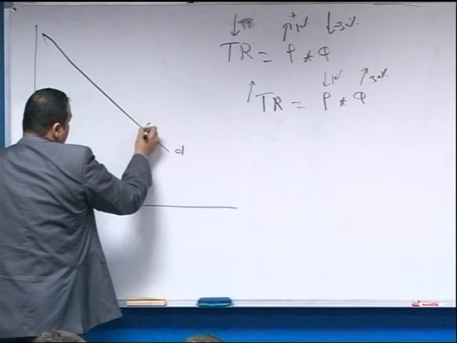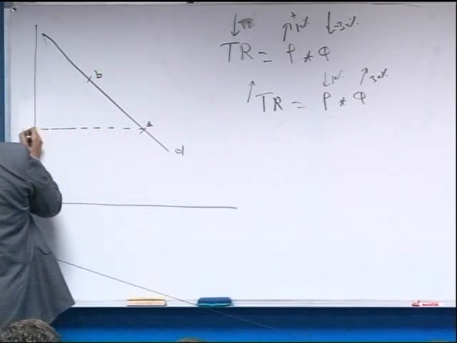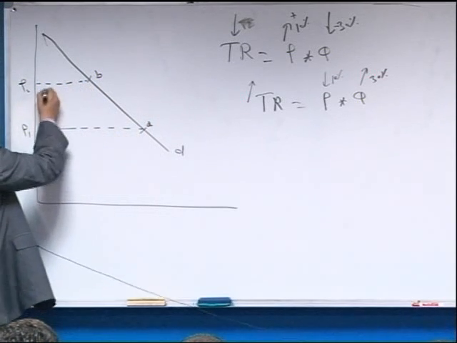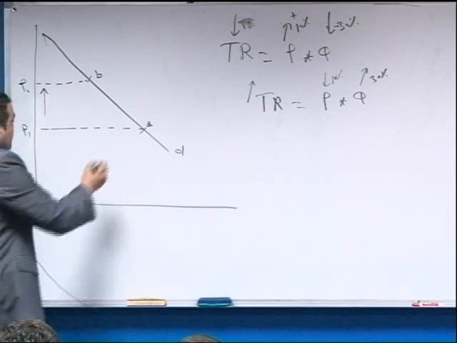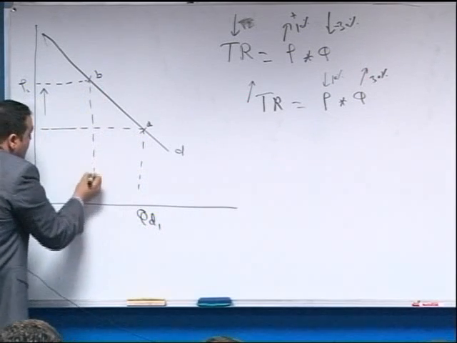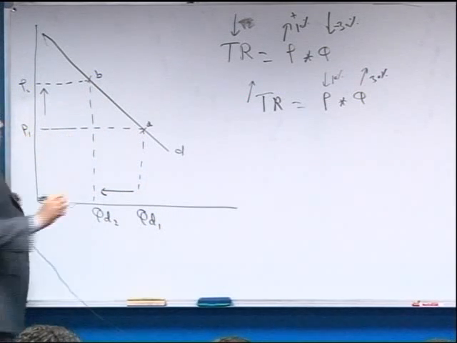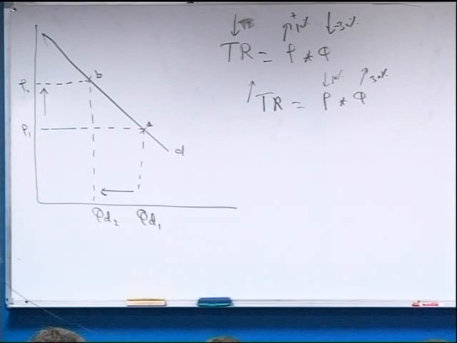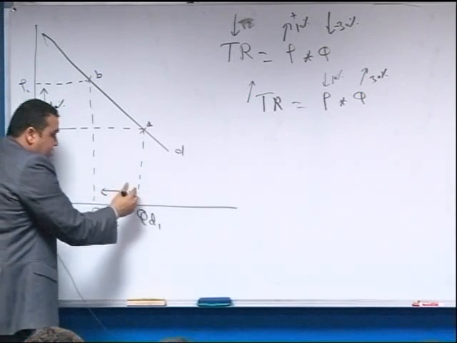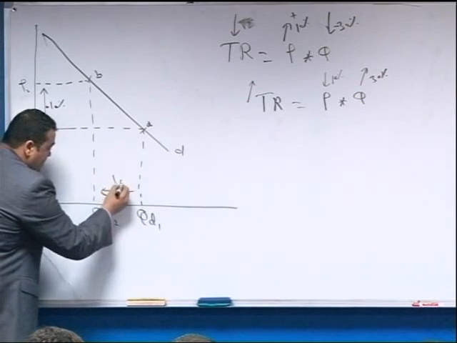D, A, B, price 1, price 2, QD1, QD2. Increasing the prices by 10% leads to the same decline in the quantity demanded, declining by 10%.